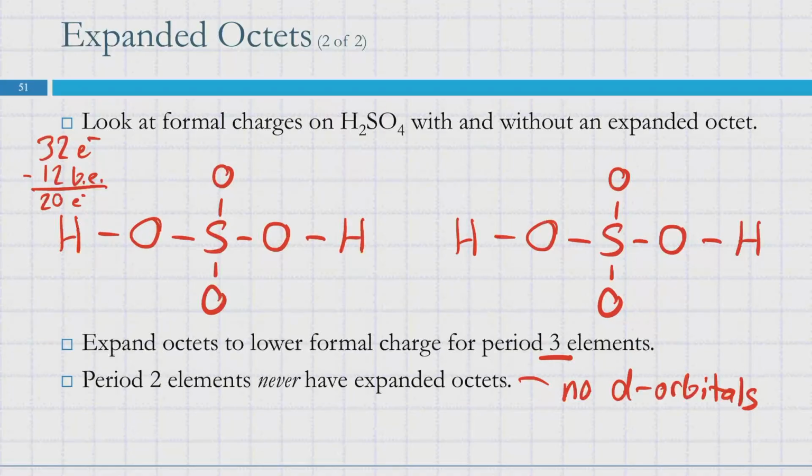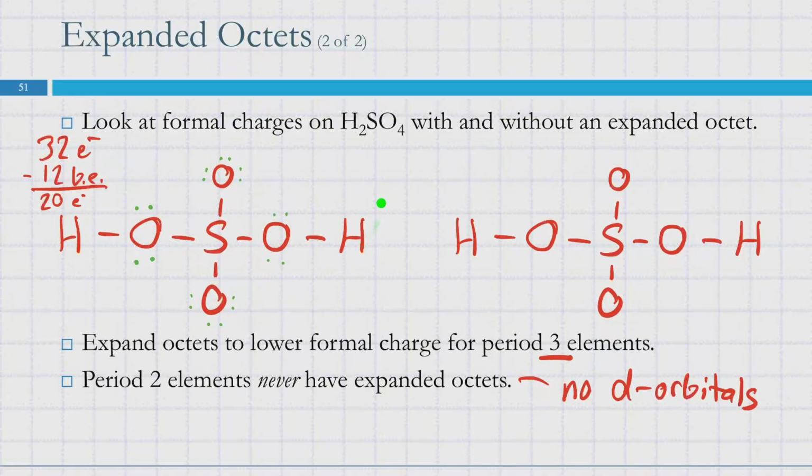That'll leave us with 20 electrons to place. 1, 2, 3, 4, 5, 6, 7, 8, 9, 10, 11, 12, 13, 14, 15, 16, 17, 18, 19, 20. So we just gave all of those 20 electrons to our oxygens as lone pairs.